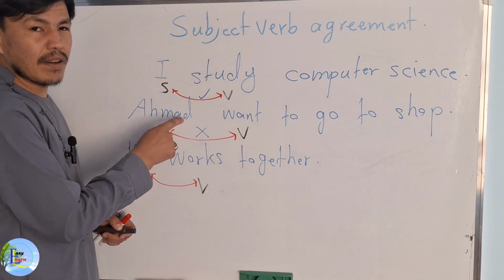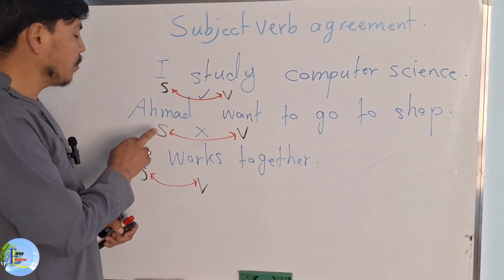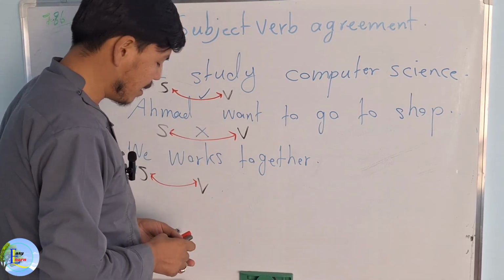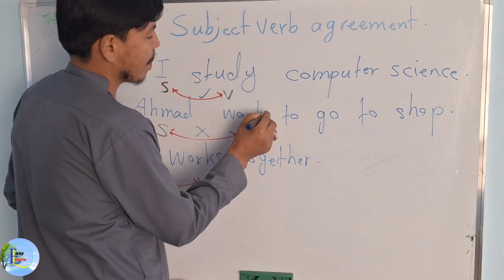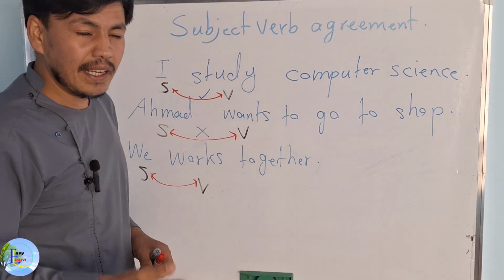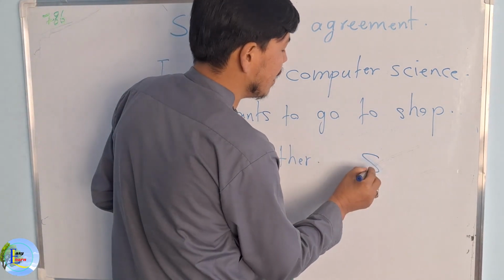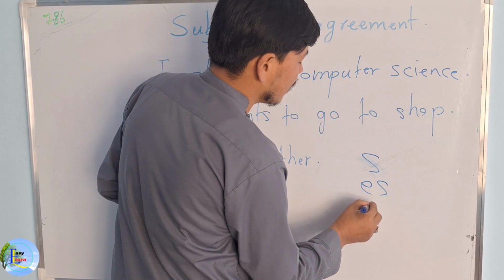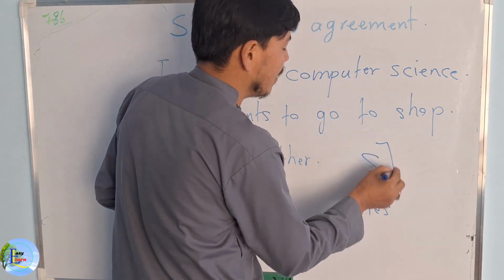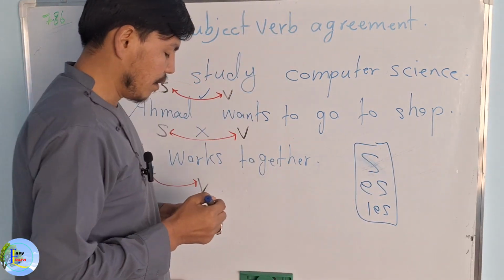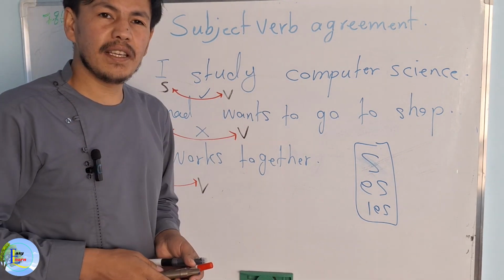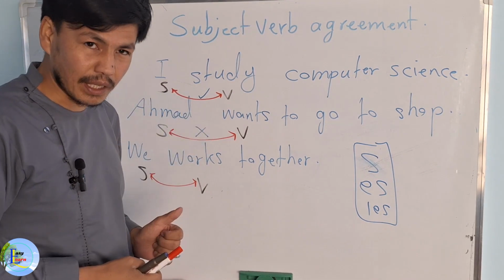For the third singular person, we need to add is, es, or ies at the end of verbs with a singular subject.